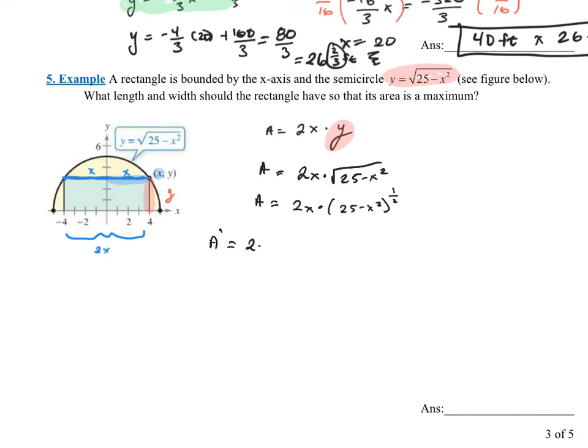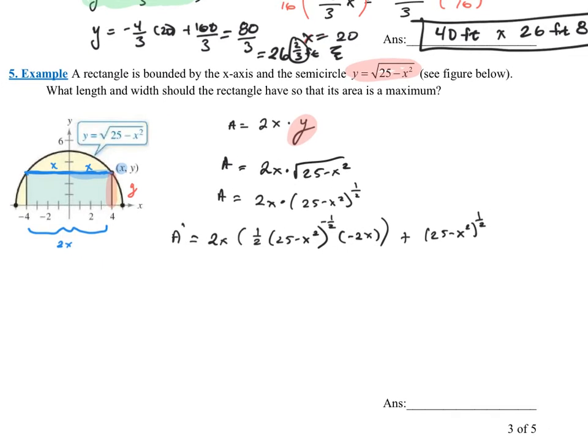It's the first, which is 2x, times the derivative of the second, which would be 1/2 times 25 minus x squared to the power minus 1, which would be negative 1/2. Never forget the derivative of the inside. The derivative of 25 minus x squared is negative 2x. So that's first times the derivative of the second, plus the second, 25 minus x squared to the 1/2, times the derivative of the first. Well, the derivative of the 2x is simply 2.